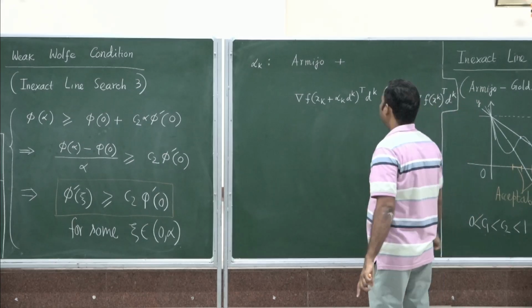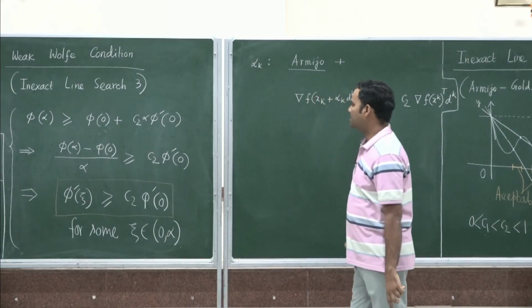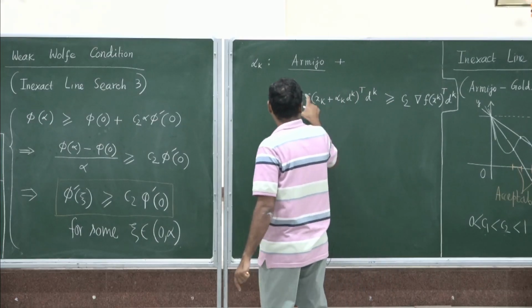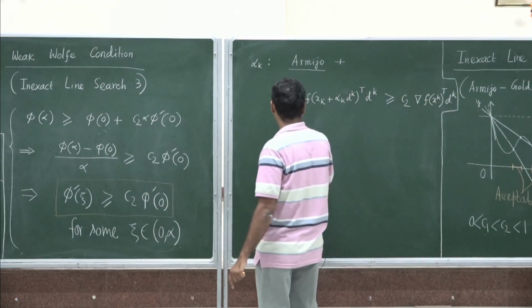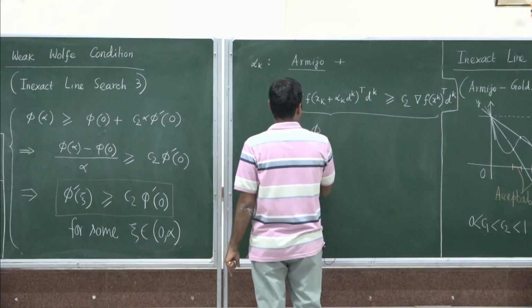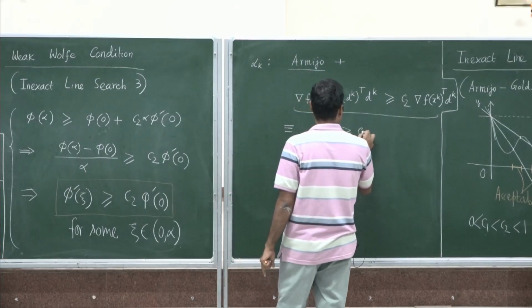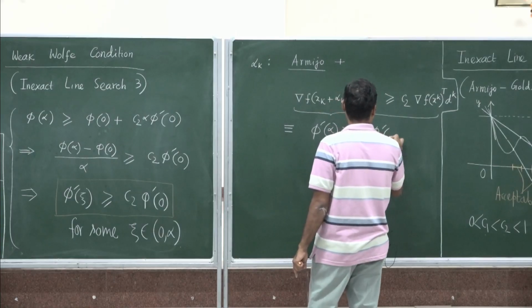Fine. Choose alpha k such that this Armijo condition plus this condition is satisfied, and this condition is simply phi dash alpha greater than or equal to C2 times phi dash 0.